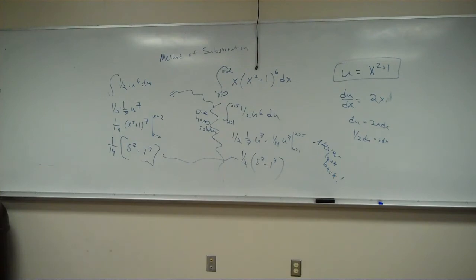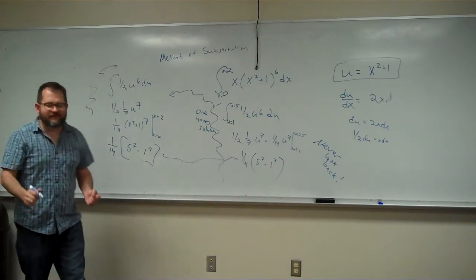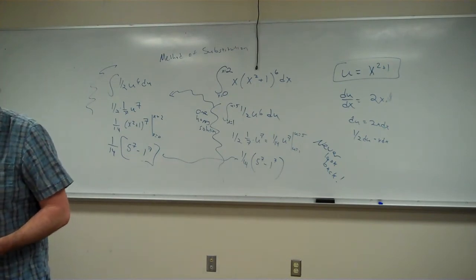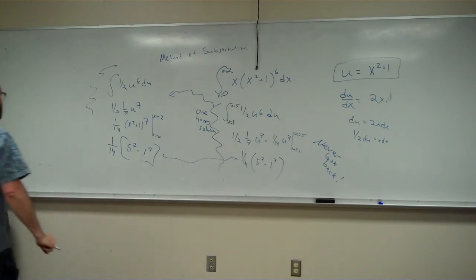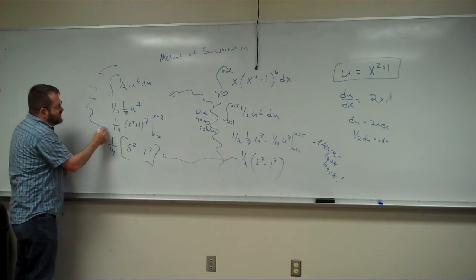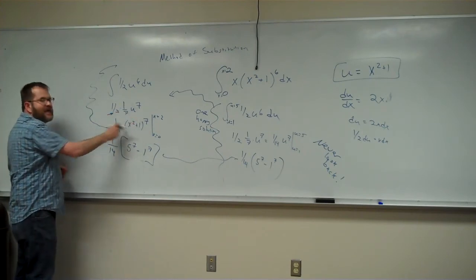You're all back into the land of u's. You're just sort of using the negotiable favors of the value of u. But as soon as you get out of that integral, you go back to x. You're sort of just borrowing the niftiness of u for a second there, and as soon as you get out of that integral and you're done with them, you just get rid of that u. You put them back into x.